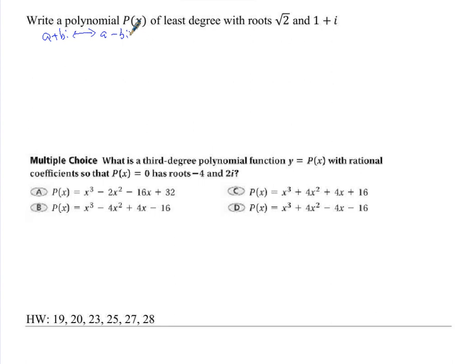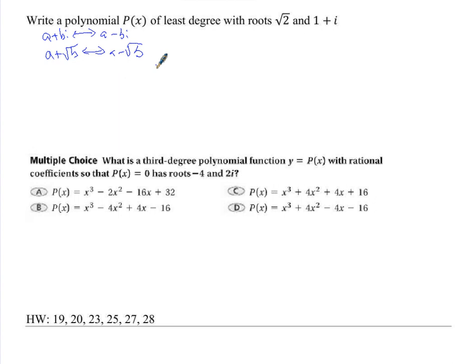But also, a plus square root b gives me a minus square root b as another root. So how many roots do we have here? 4. How are we going to do that? A 3 by 3, a 3 by 3, and a 3 by 3. 3 of them. We can do it.